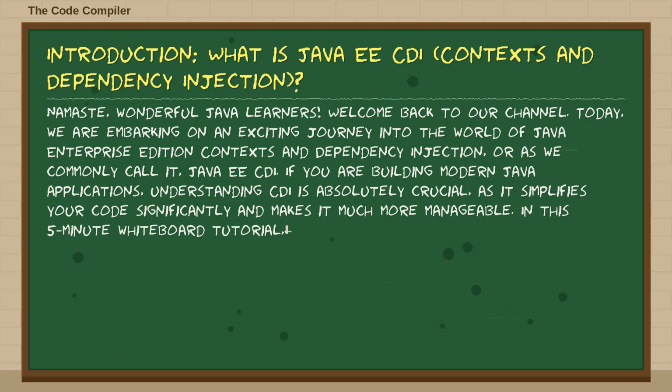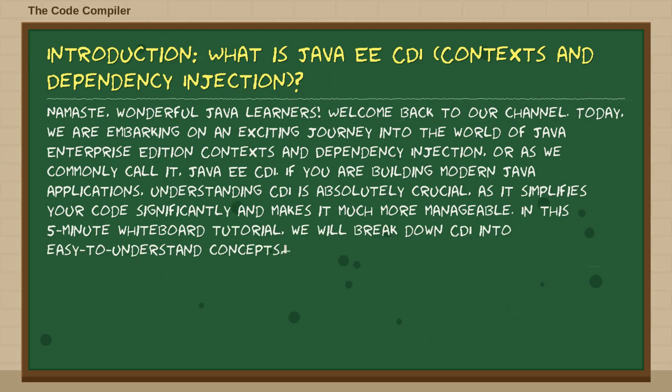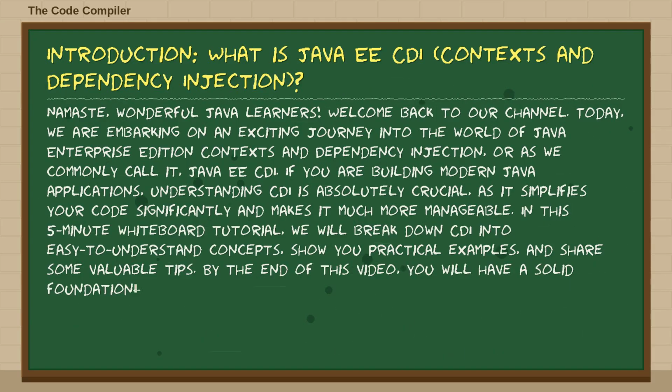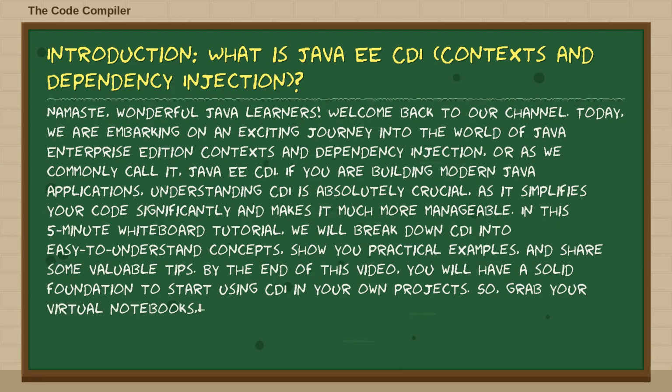In this 5-minute whiteboard tutorial, we will break down CDI into easy-to-understand concepts, show you practical examples, and share some valuable tips. By the end of this video, you will have a solid foundation to start using CDI in your own projects. So, grab your virtual notebooks, and let us dive right in.